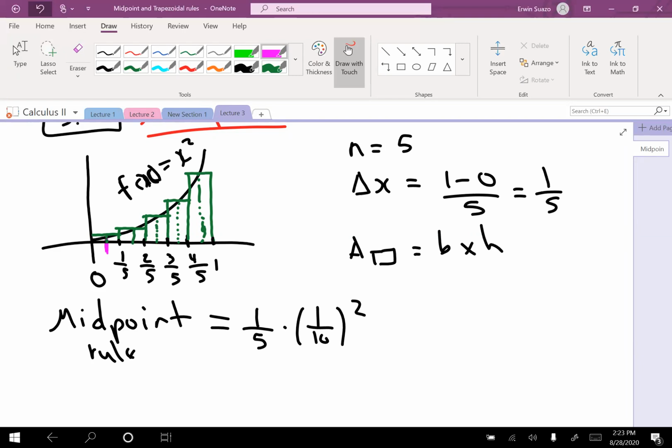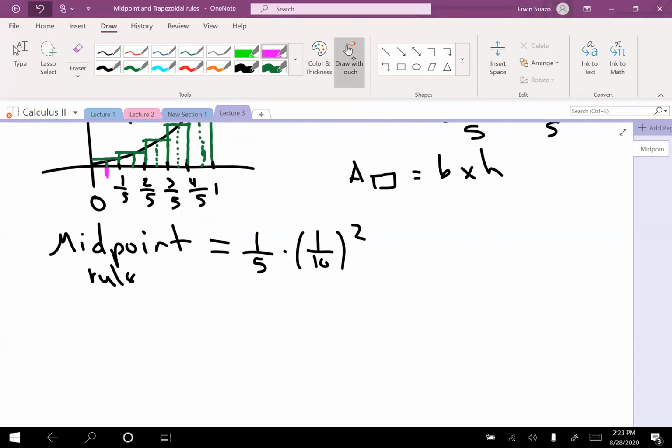Okay. So how do you find the midpoint over here? That's probably what we need to discuss. So you find the midpoint with this formula. Let me put it here. So to find the midpoint, you go.